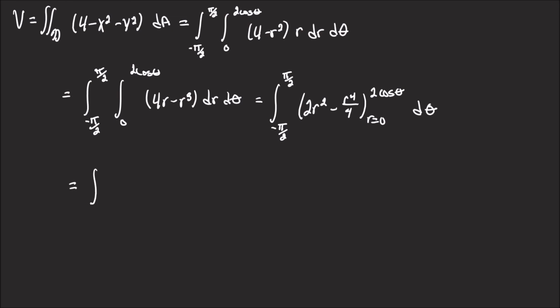So this is the integral from minus pi over 2 to pi over 2 of 8 cosine cubed theta minus 4 cosine to the 4th theta, and then d theta.